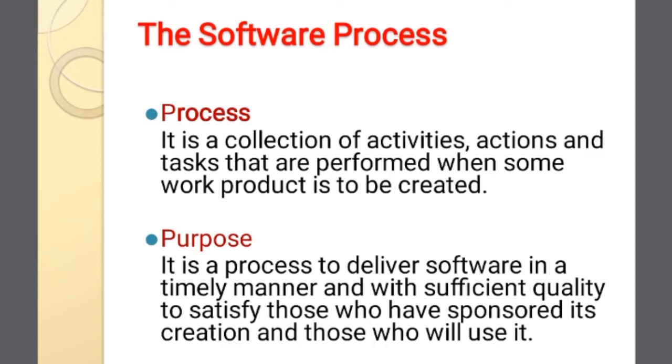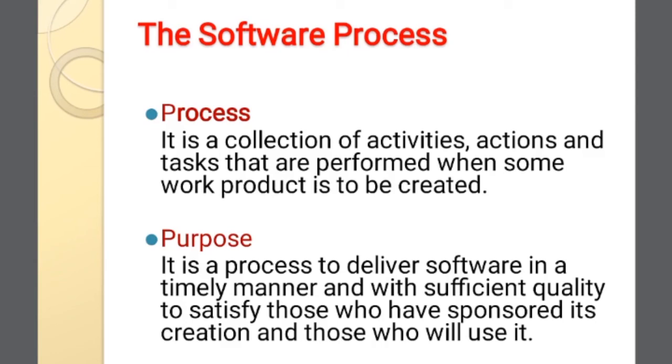Next, we have the definition of software process. A simple definition for software process would be a set of related activities that leads to the production of software. These activities may involve development of the software from scratch or modification of an existing one.